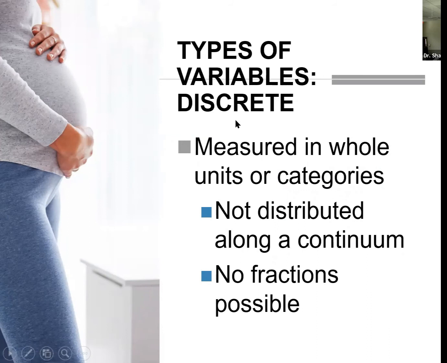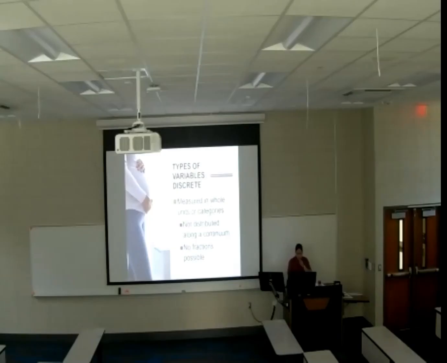Another type of variable is the discrete variable. Now, the first thing to note about a discrete variable is that it is not distributed along a continuum. Generally, for a discrete variable, I want you to think about a go or no-go situation.